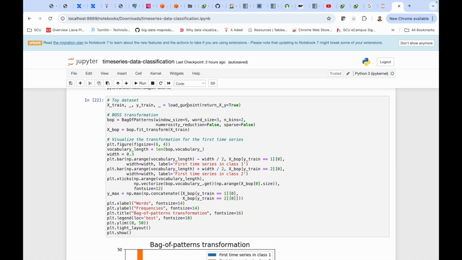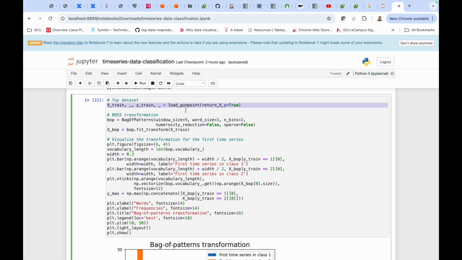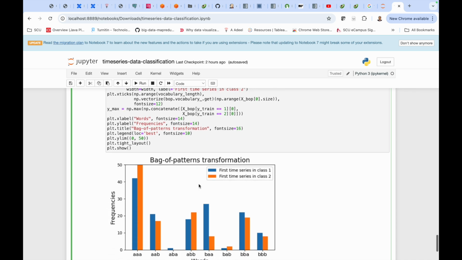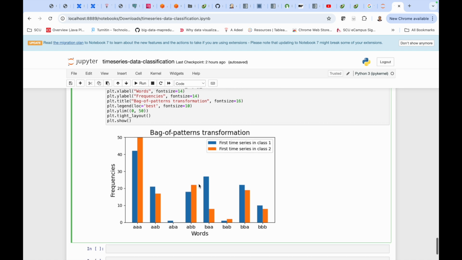We use the same built-in dataset and then implemented the bag of patterns algorithm using its parameters like window size, word size, bins, and numerosity reduction. After it is implemented, we can see the whole result for the two classes, class 1 and class 2, that we had in the original time series.